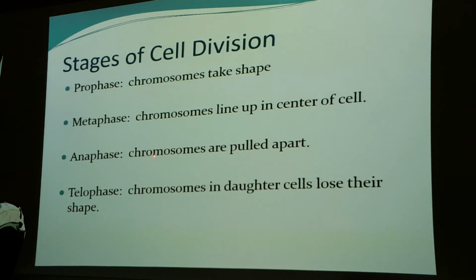And then once they're pulled apart, they go their separate ways, and the membrane forms in between the 2 ranks that have gone their separate ways, and all of a sudden you've got 2 separate daughter cells. Okay? And telophase is where the chromosomes in the daughter cells lose their shape. And once again, the nucleus is just an amorphous blob of nothing.